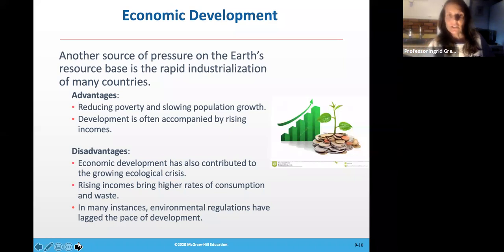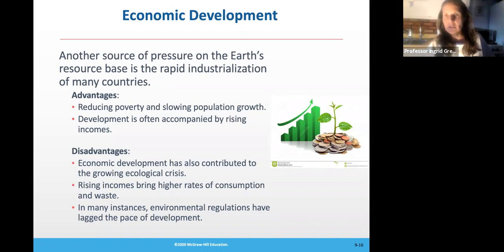But the disadvantages here are that economic development has also contributed to a growing ecological crisis. If you think of the panoramic view of Mexico City, often you see this huge smog layer.